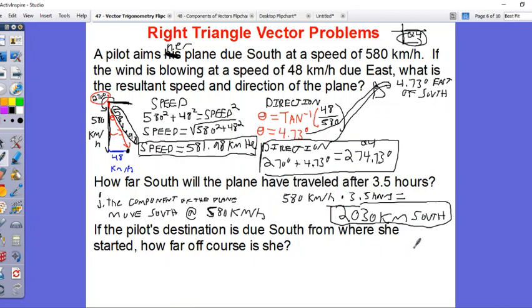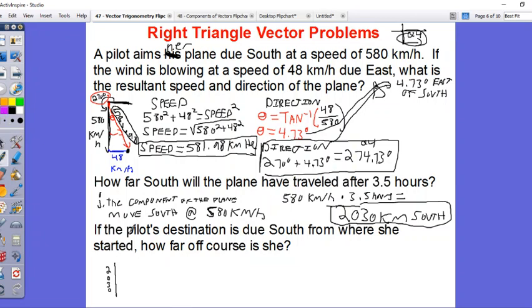If the pilot's destination is due south from where she started, how off course is she? So let's break this down. We essentially draw a triangle with our new values, okay? One thing you need to know is that if we expected to get to arrival after 3.5 hours, this is our southward component, so we have 2030 as a southward component.